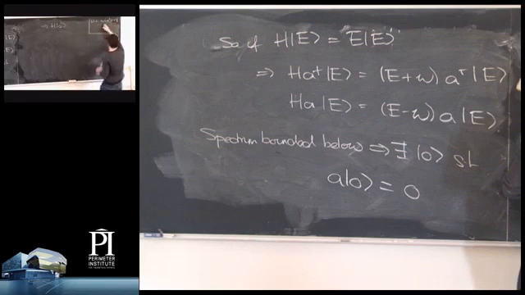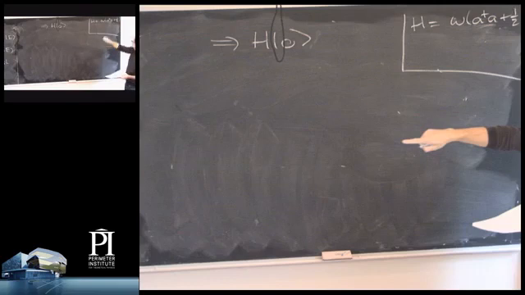So I just rubbed off this equation we had for the Hamiltonian. But when we act with the Hamiltonian on the ground state, this term kills it, but we're left with this guy here.